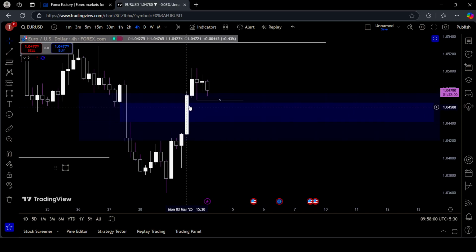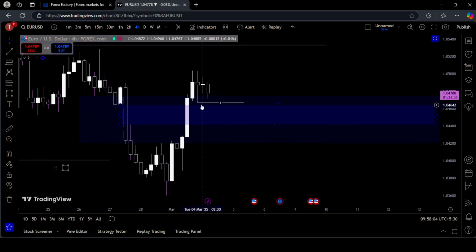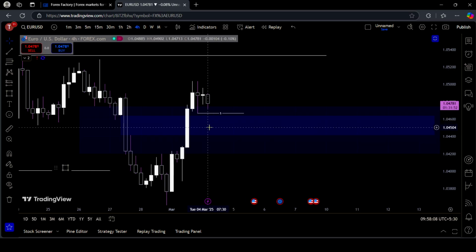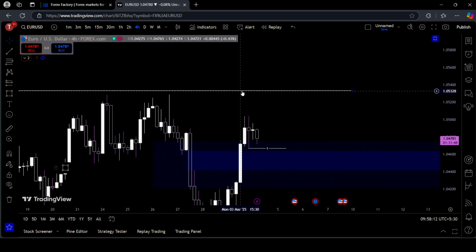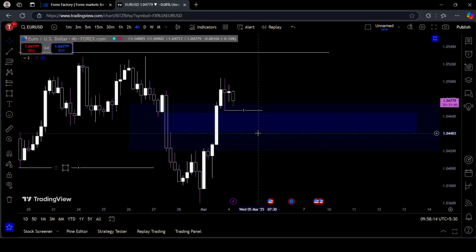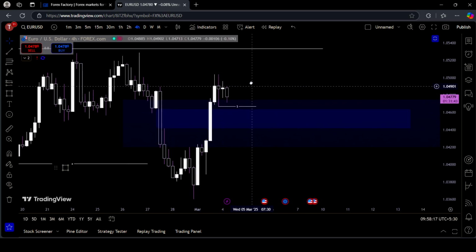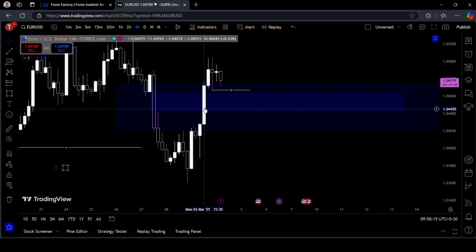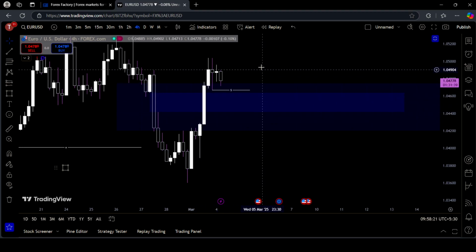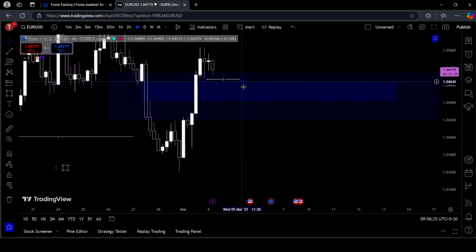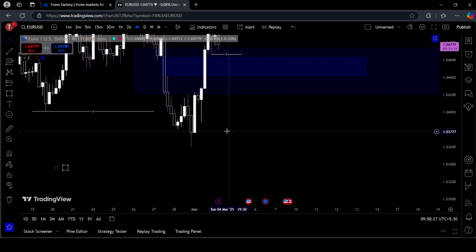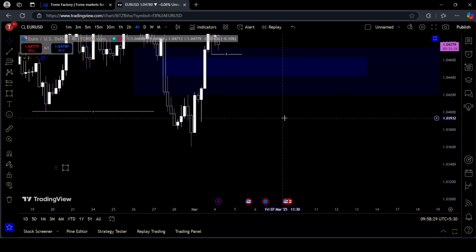So I'm anticipating that most likely this will be the vulnerable low, and the price can possibly move down and sweep it and tap this 4-hour FVG, and then we are going to continue our journey till this high. And if that doesn't happen and we disrespect this FVG, I mean BPR kind of a structure, most likely we are going to go into the downward side, and this will be our extreme target.